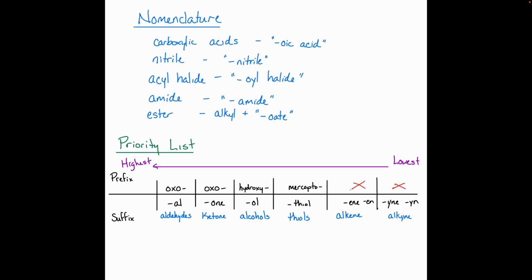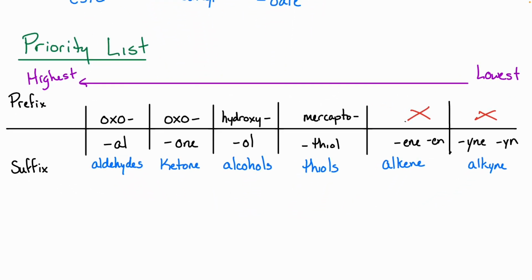And so what we're going to do is just put at the very top of this priority list all carboxylic acid derivatives. They're going to beat any of these other functional groups that we have learned about.